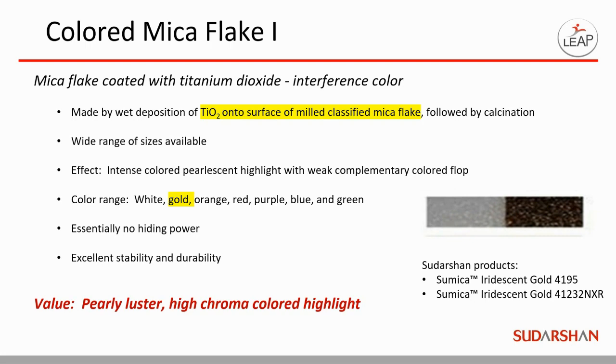But it does give that nice high chroma highlights to your formulations with that pearl luster that is very attractive. Also have two products in this space, the 4195, and if a surface treatment is required, we have a chrome-free version with our 41232 NXR.